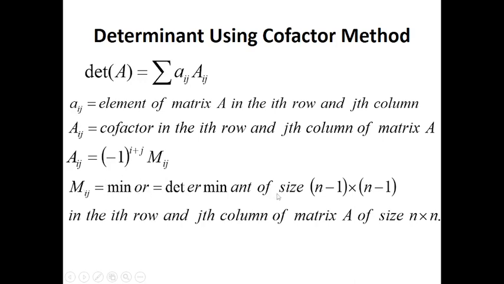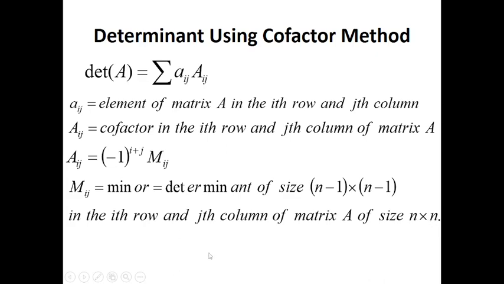Ang minor na yan, yun yung determinant na matrix na may size na n minus 1 by n minus 1. Okay? Yan ang size ng determinant, n minus 1 by n minus 1. Okay? Later, I will show you in detail kung paano yung minor. So, in the ith row and jth column of matrix A, of size n by n.